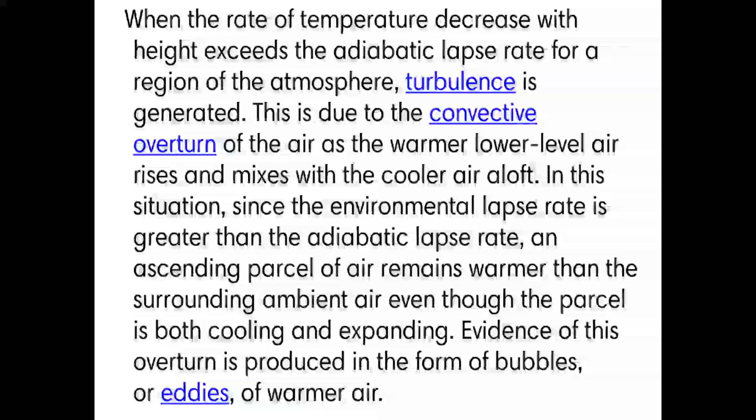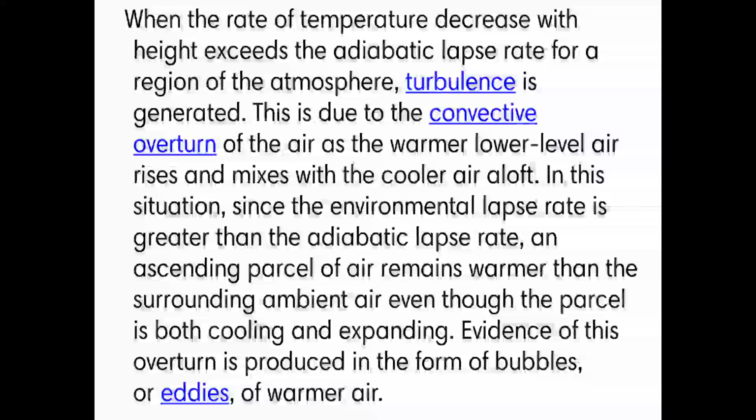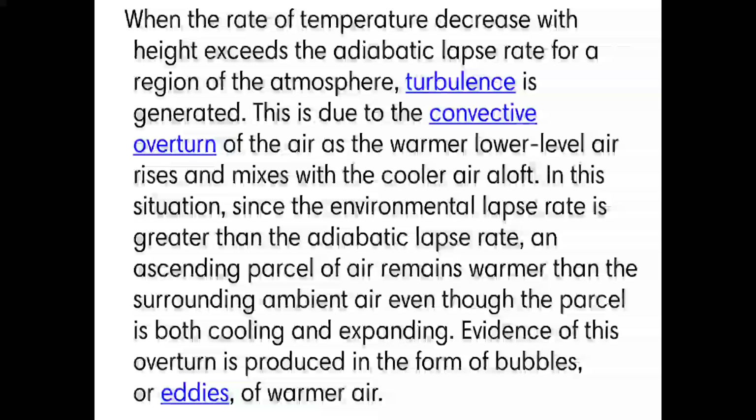When the rate of temperature decrease with height exceeds the adiabatic lapse rate for a region of the atmosphere, turbulence is generated. This is due to the convective overturn of the air as the warmer lower-level air rises and mixes with the cooler air aloft.